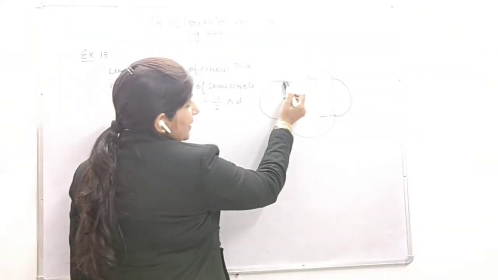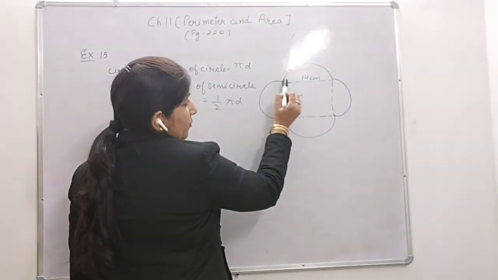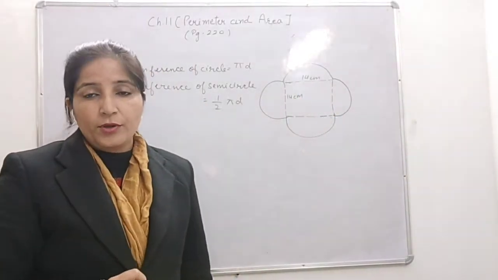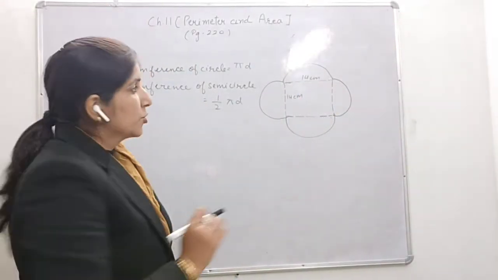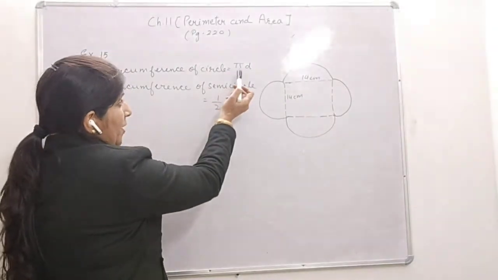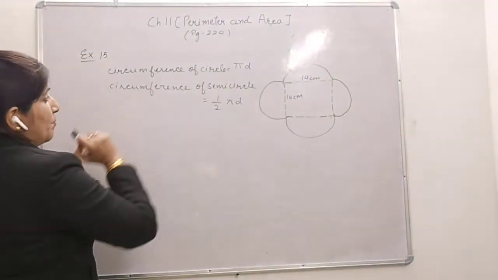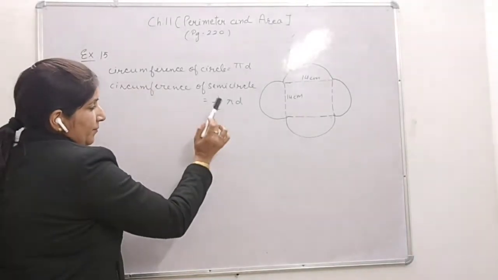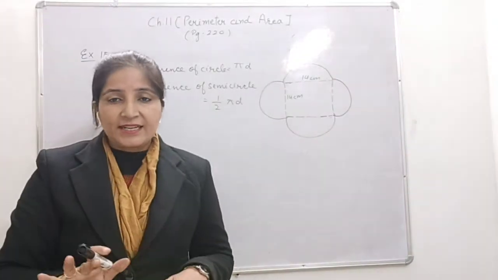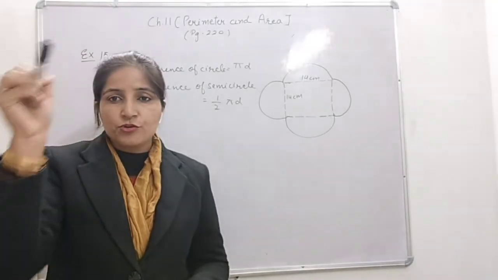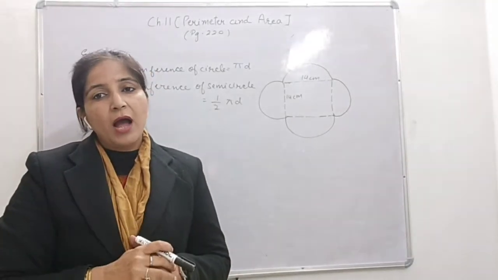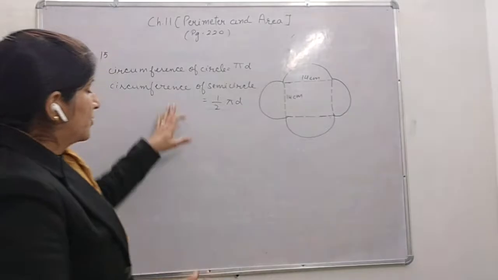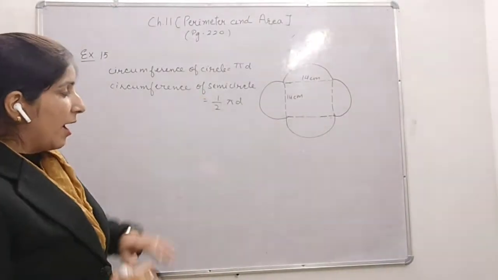Because you can see this is given from this corner to this, which is a diameter, not the radius. So we are dealing with diameter only. Circumference of circle is pi d. Circumference of semicircle is half pi d. A semicircle is exactly half, so that boundary will also be half. So that is the circumference of the semicircle, half pi d.